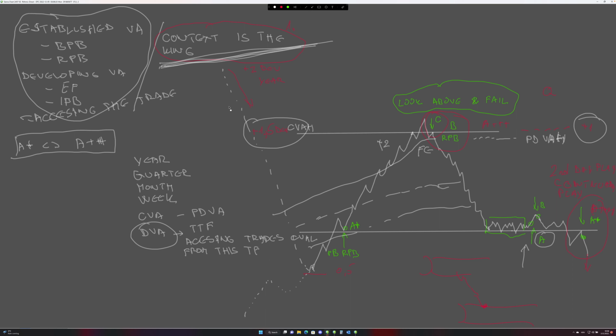It doesn't matter whether it is breakout pullback, return pullback, as setups we use for previously established value areas, or extreme fade or imbalance pullback that we use for the developing value areas.